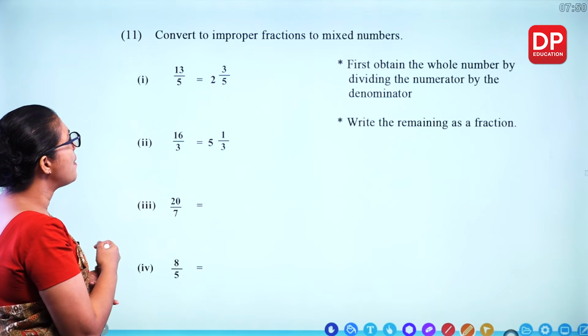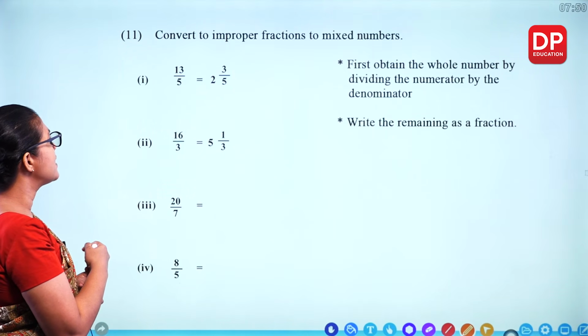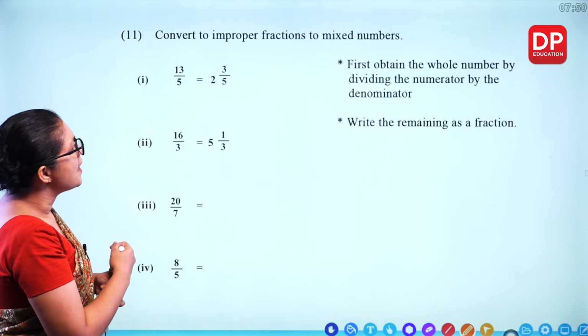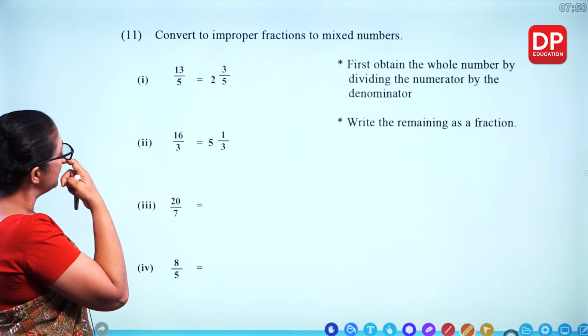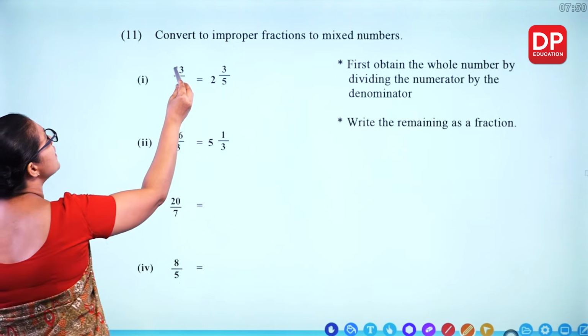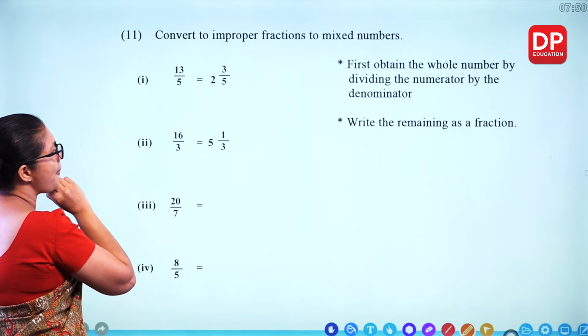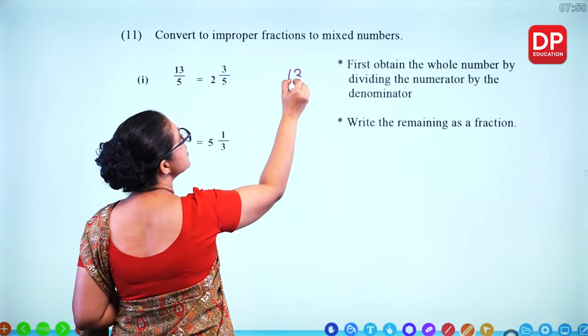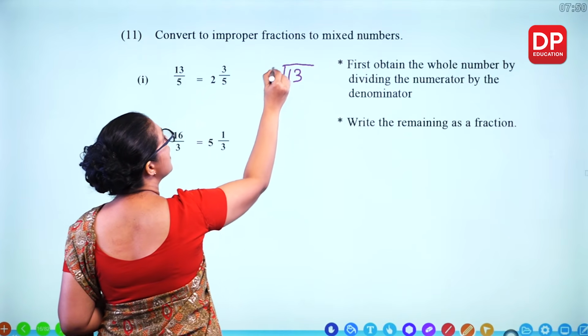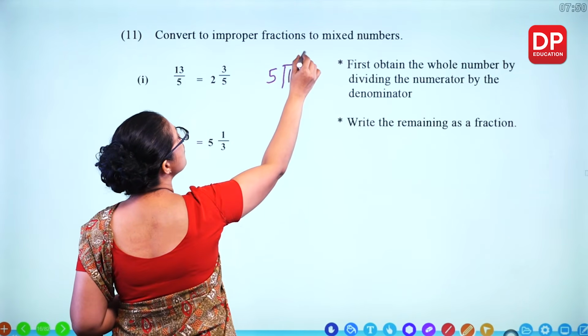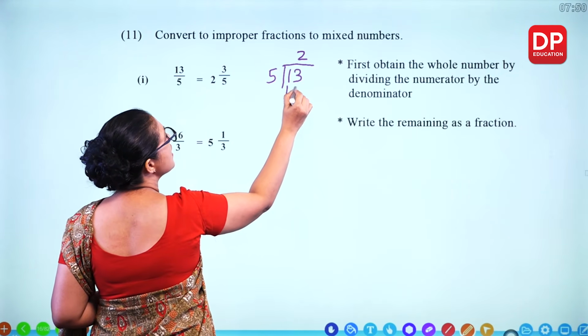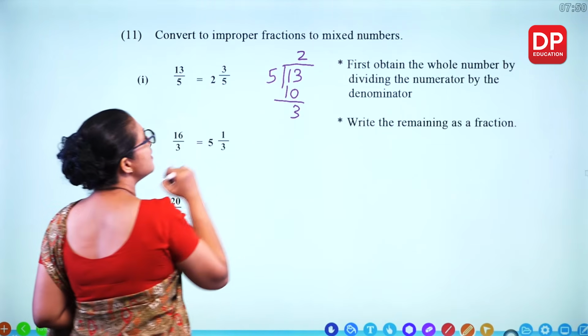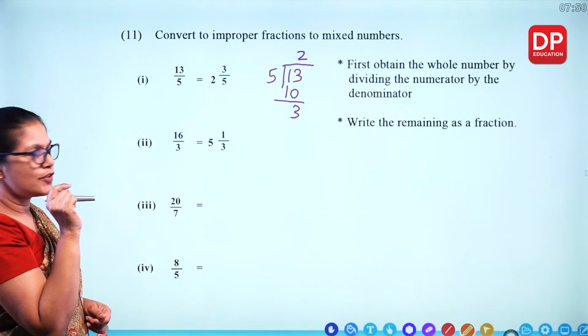Obtain the whole number by dividing the numerator by the denominator. So, here 13 divided by 5. 5 times 2, 10. What's the remainder? 3. So, you get this one.